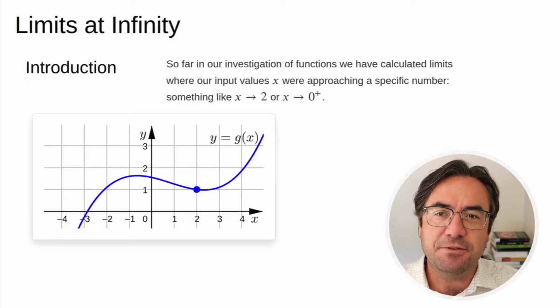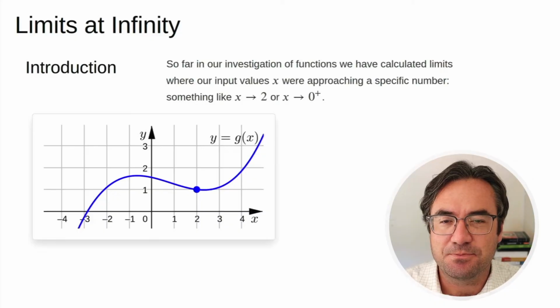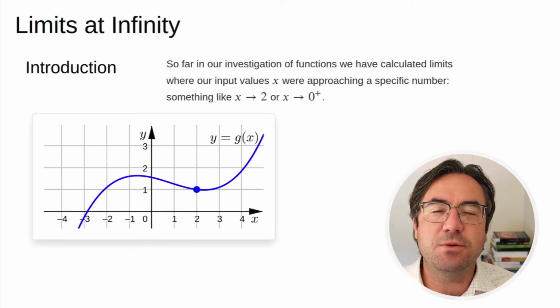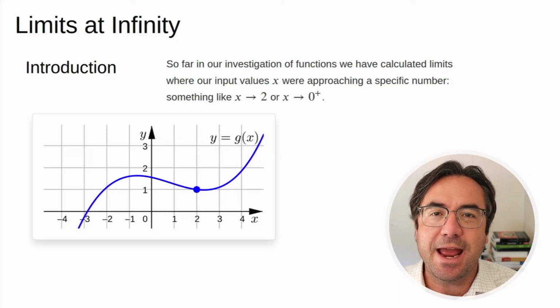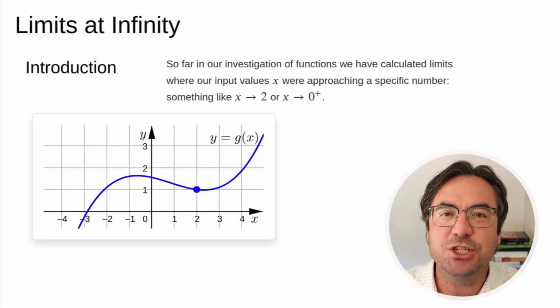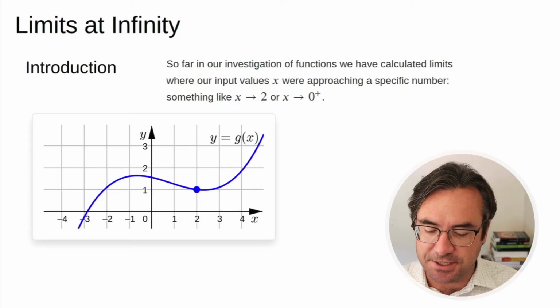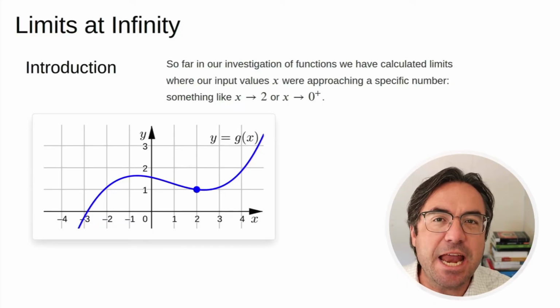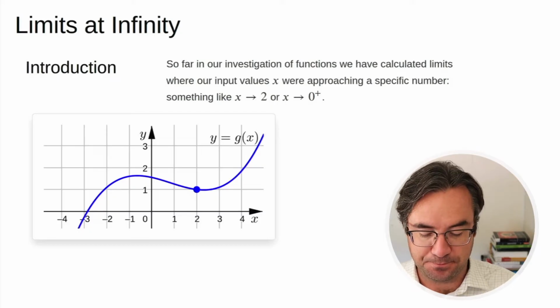Well, there's two other places we can investigate to see what happens to our function as we change our input. And those two other places, we sometimes call the end behavior of our function.